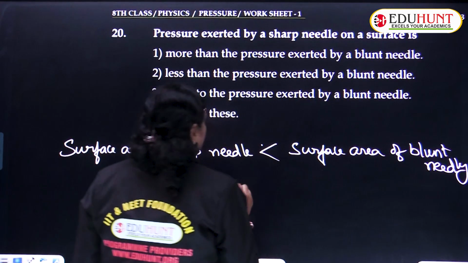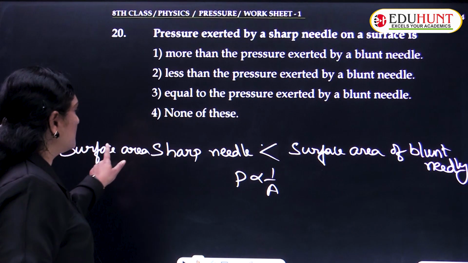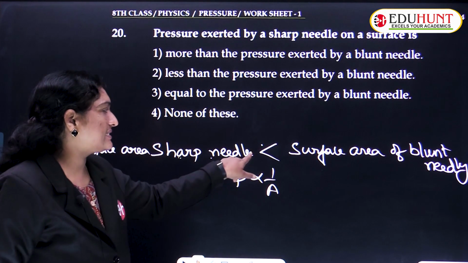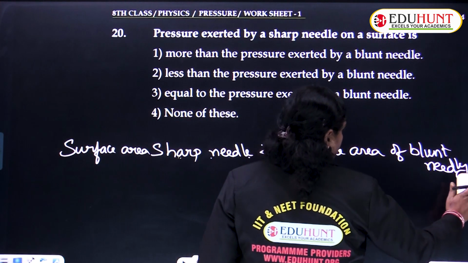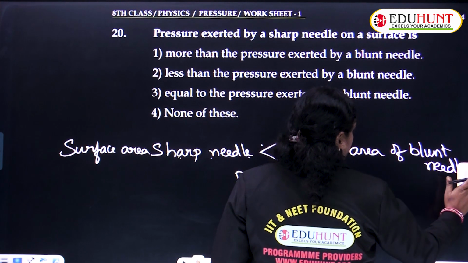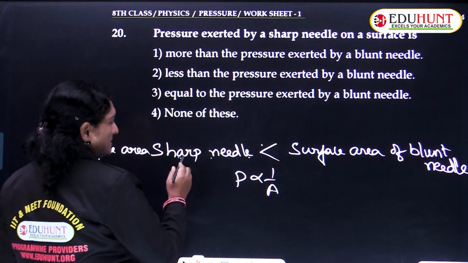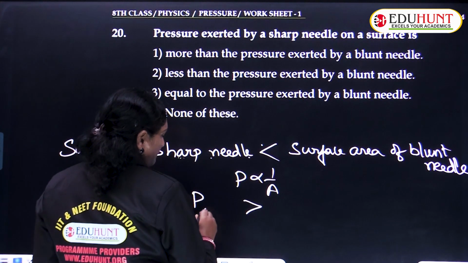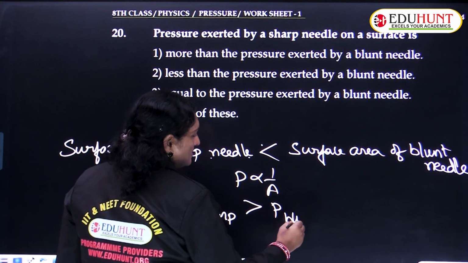But as we know that pressure is inversely proportional to area, so which is having lesser area? Sharp needle has less area, blunt needle has large area. So since area is small, the pressure must be greater for the sharp needle.